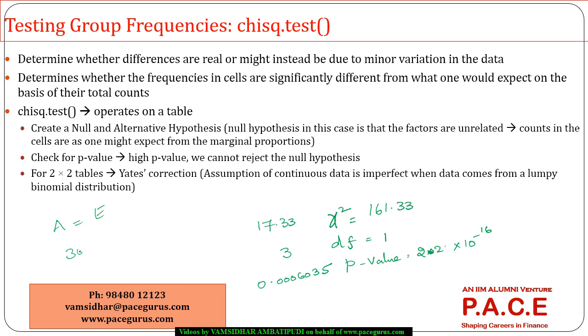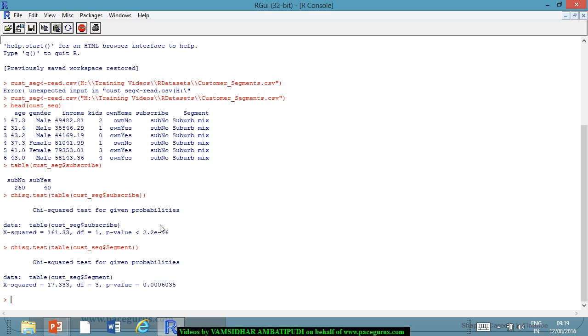So if I have 300 customers' data and there are two categories as part of subscribe, then I expect 150 and 150 in both of them. But in reality, it is 260 and 40. That is the actual value in this case.